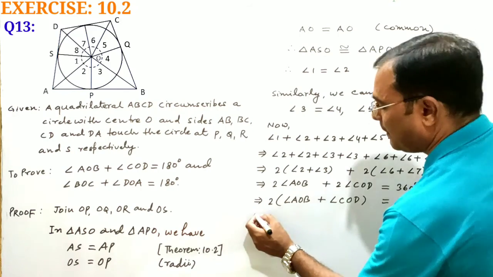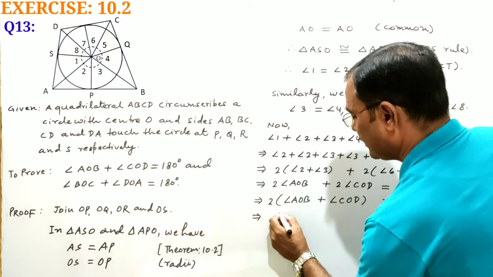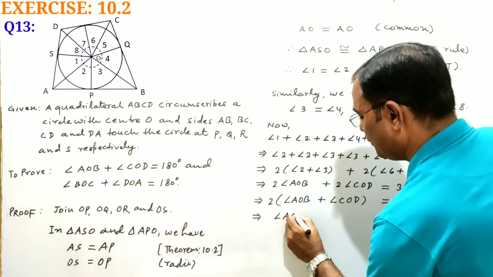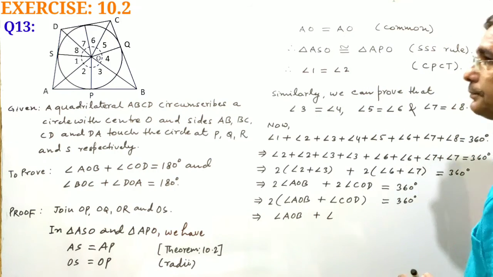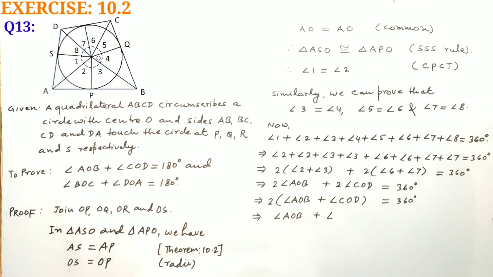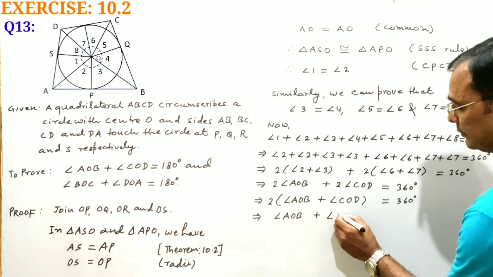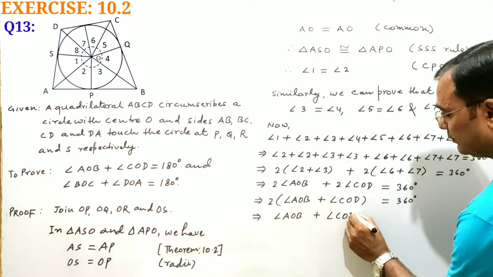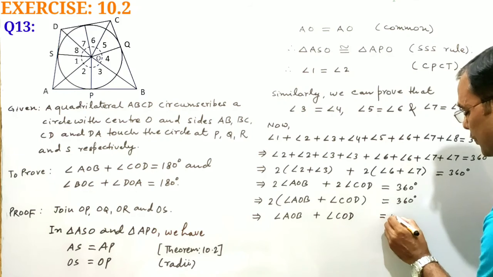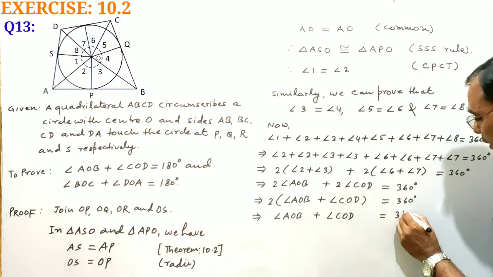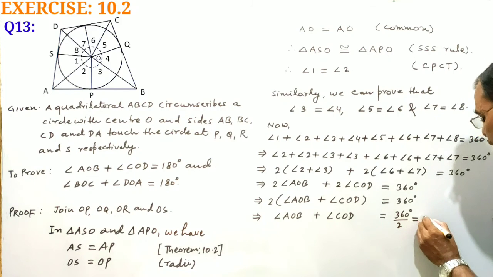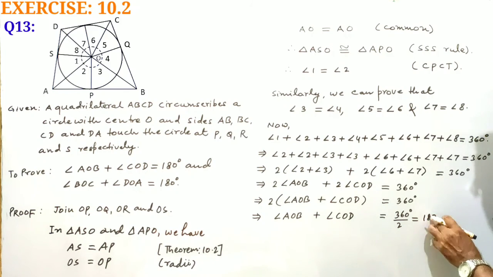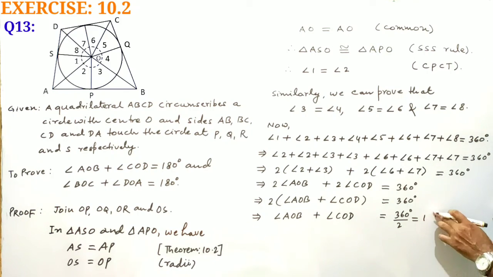And this implies that angle AOB plus angle COD is equal to 360 degrees divided by 2, equal to 180 degrees.